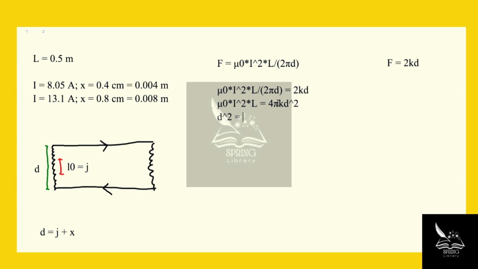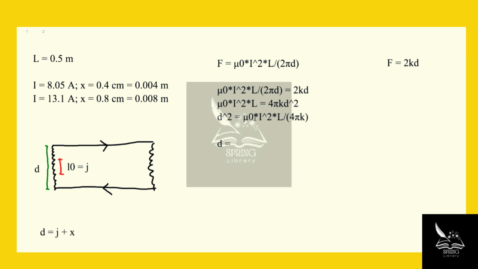So d squared, switching the order here, is going to have this in the numerator divided by our 4 pi k in the denominator. Now if we want to solve for d, we need to take the square root of both sides.